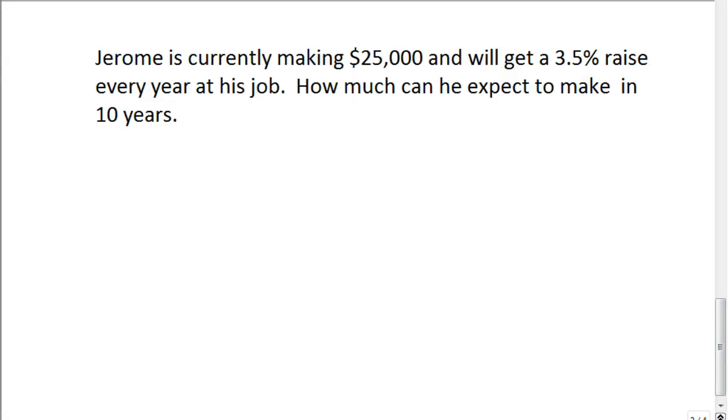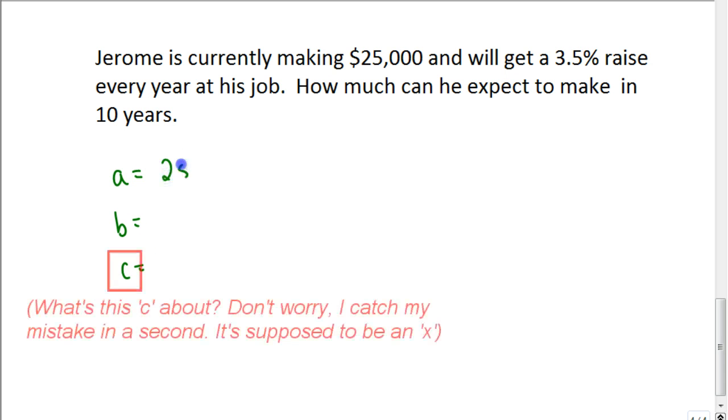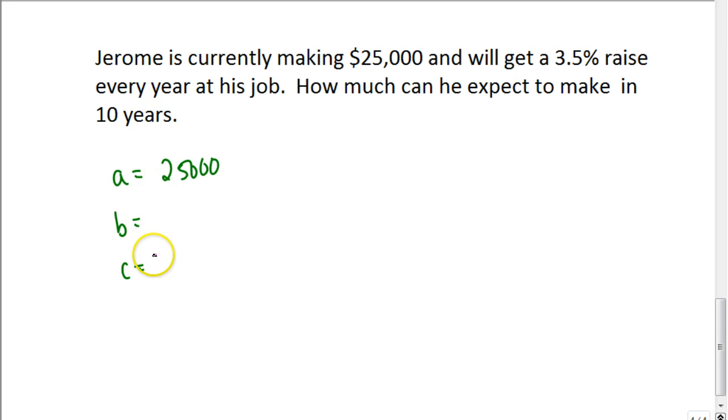Okay, so let's first start by identifying your values for A, B, and C that you should have found. So A in this problem would be his initial investment, or his initial salary, which is $25,000. And he's going to grow by 3.5%. So remember that means that it's 103.5%, because 100% of what we had before, plus another 3.5%.